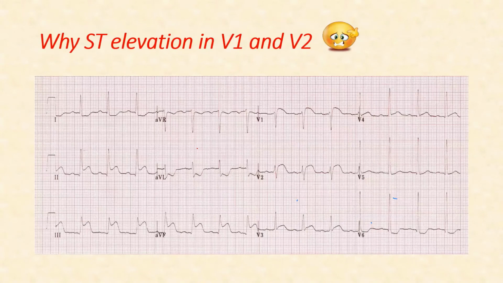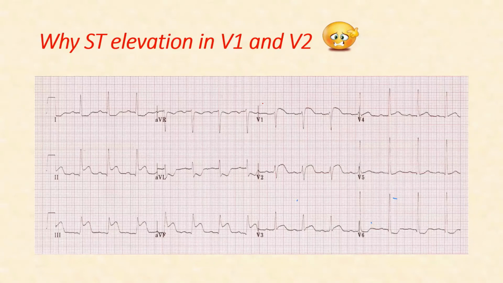Now, what is this? How can you read this ECG? There is an ST elevation in lead 2, 3. Okay. ST depression in 1 and aVL. Very good. And there is an ST elevation in V1 and V2, giving a suspicion of RV infarct. Exactly. So here we have RV infarction.